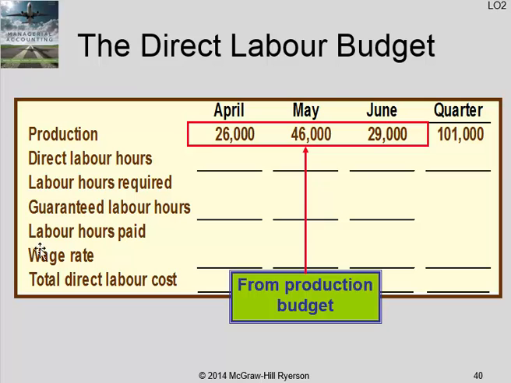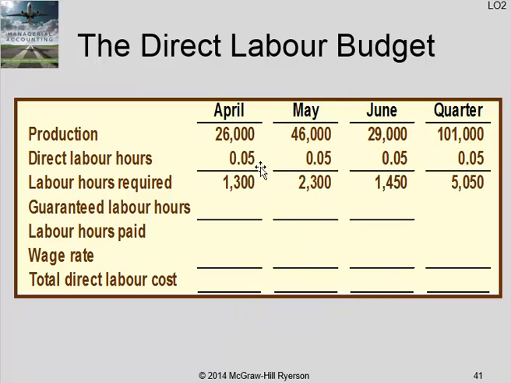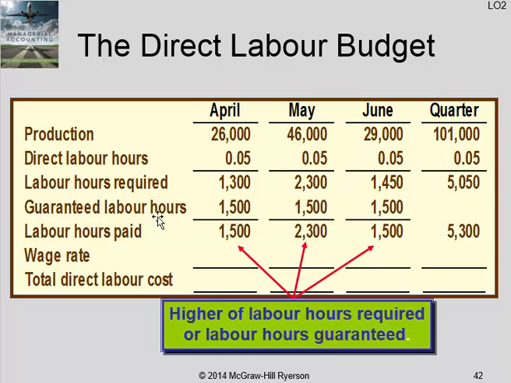Let's look at the direct labor budget. This comes from the production budget. It's 0.05 of an hour per unit produced. So here's how many direct labor hours we need. So far so good. But then we had a guaranteed minimum here, right? We're going to pay these guys full time even though they didn't work the full time, and so that adjusts these.